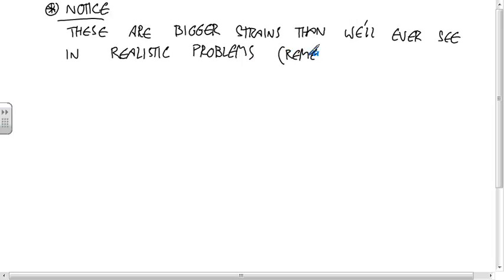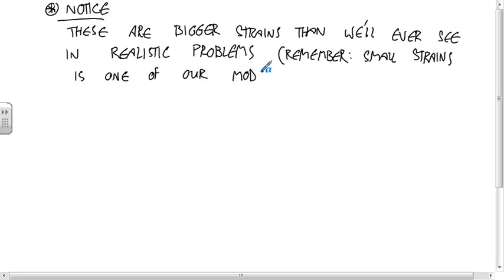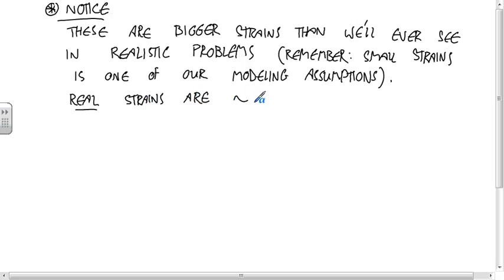Remember that we need to have small strains in order for our approach to even work. So small strains is one of our modeling assumptions. So the real strains that we'll deal with are going to be around 1 times 10 to the minus 4 or smaller.